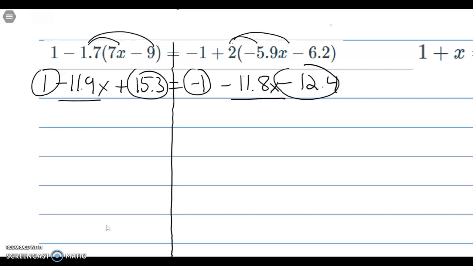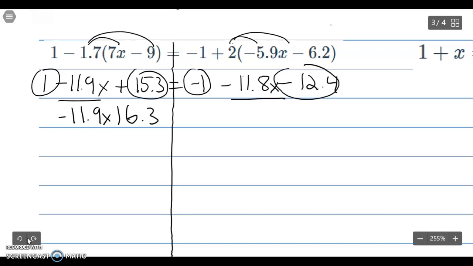Now, the next thing you're going to do is, all right, we're going to combine those like terms. So we got the 1 plus 15.3, and that's going to get us 16.3. And I'm just going to bring down this negative 11.9x, and this should be positive.